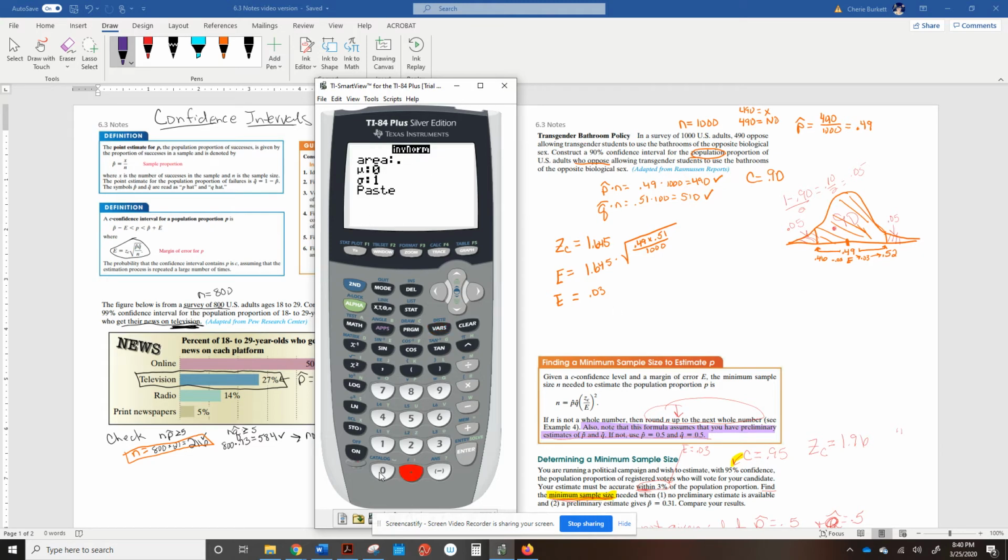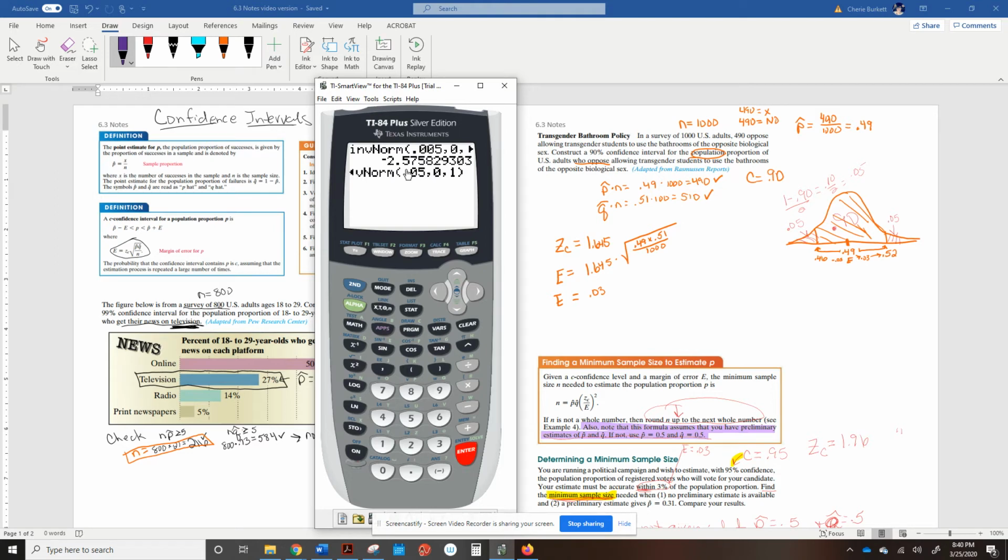The area was 0.05. We did 10% divided by 2, which gives us 5%, so 0.05. We're looking for a z-score, so that has to be 0 and 1. By the way, that's a question on your test: for the standard normal distribution, what is the mean? What is the standard deviation? So be sure you have that memorized.